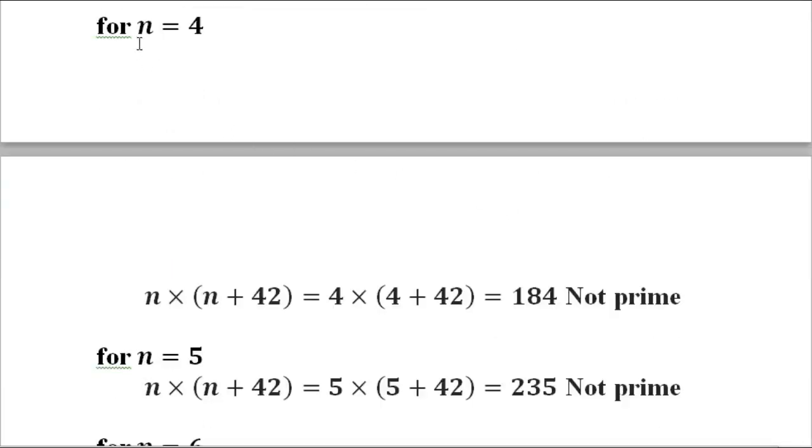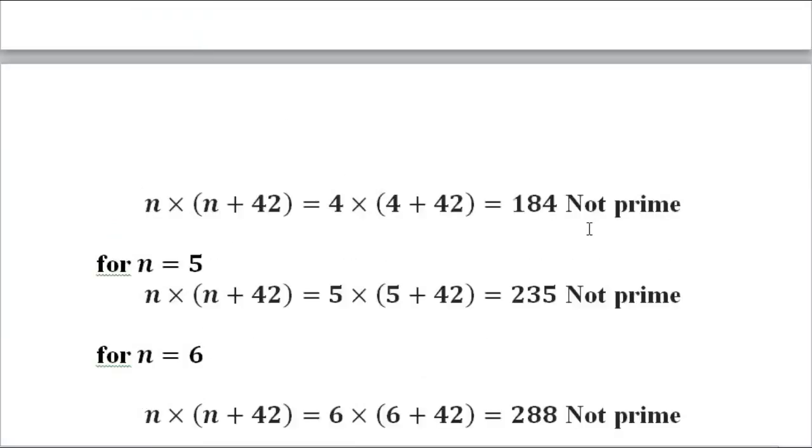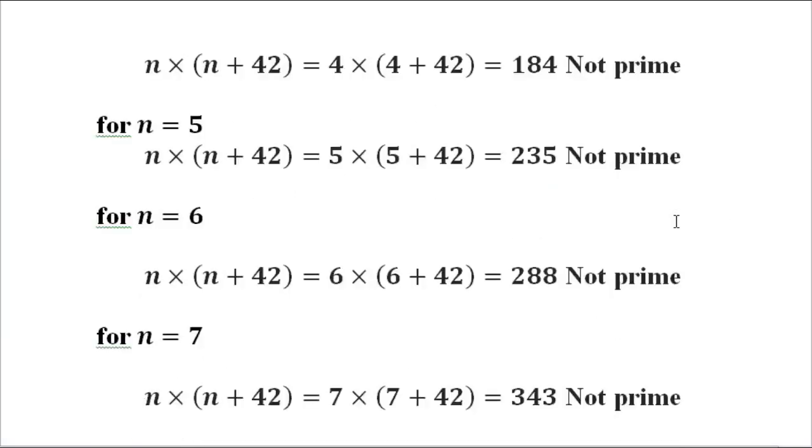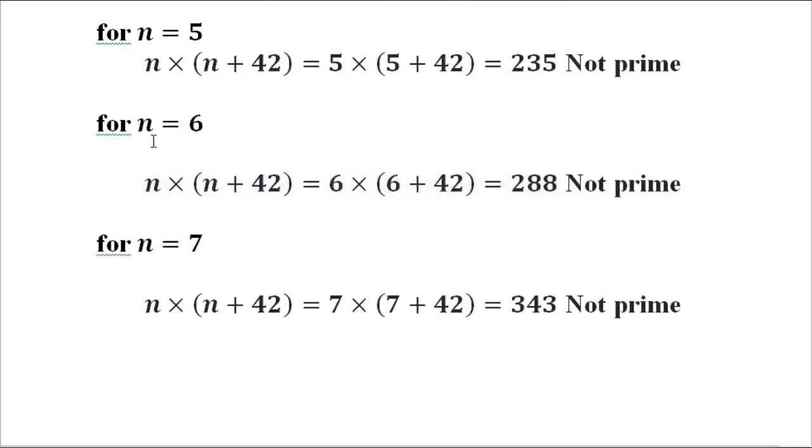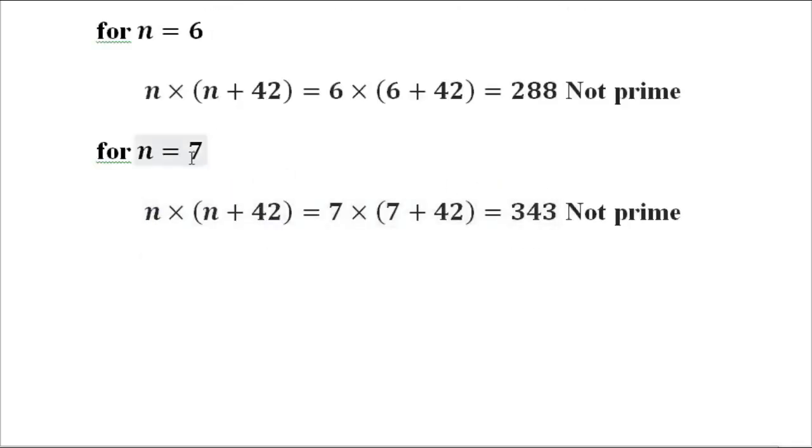If we substitute n equal to 4, we get 184, a composite number, not prime. If we substitute n equal to 5, we get 235, a composite number, not prime. And if we substitute n equal to 6, we get 288, another composite number. And if we substitute n equal to 7, we get 343, a composite number, not prime.